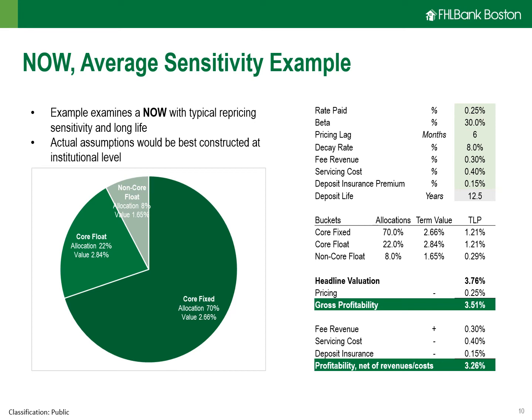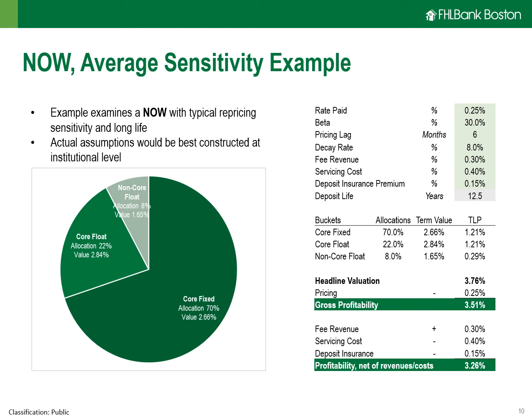And so you see here that the non-core float is the same as the decay rate, 8%. So that's the percentage of balances that are assumed to be volatile, because the decay rate is the amount of balances that are assumed to be gone within a year. And then the core float piece, the balances that are price sensitive but not particularly volatile, that's 22% of the overall pie, because if we pay those balances, they'll stick around.